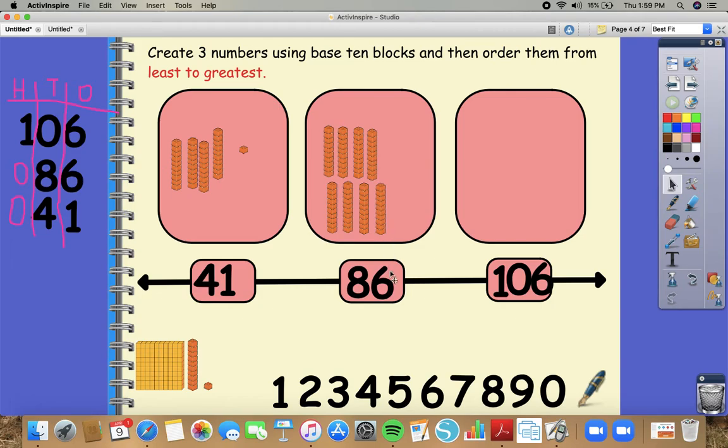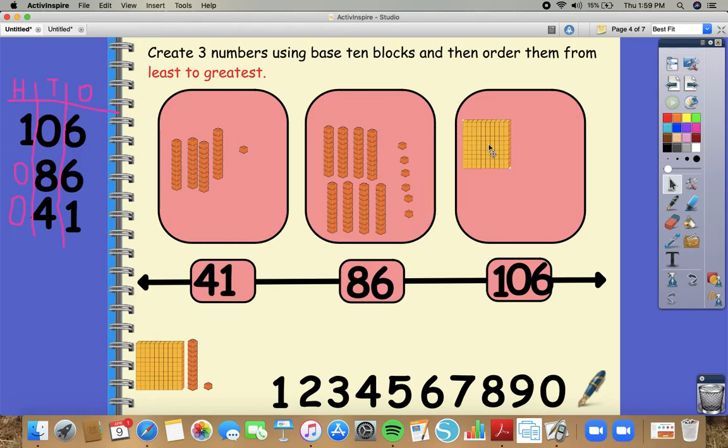Now, how many ones are in 86? If you told me there's 6, that's right. 1, 2, 3, 4, 5, 6. All right, now our 106. So how many hundreds do we have?